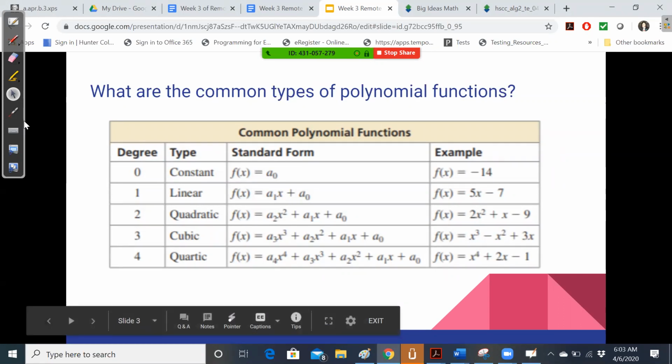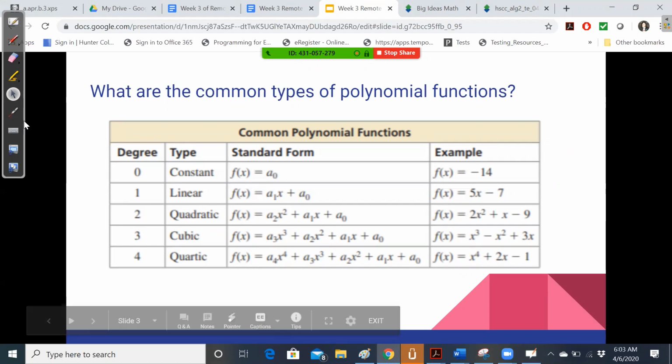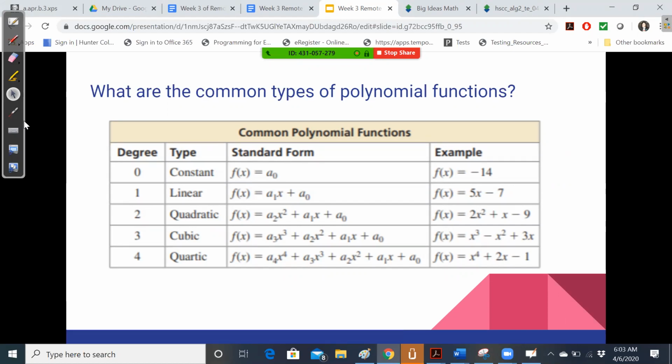And if the exponent is 4, that means you have a quartic polynomial function. And notice here the degrees, so 0, 1, 2, 3, 4, it matches with your exponent right over here.